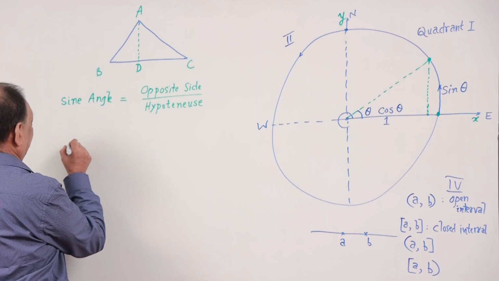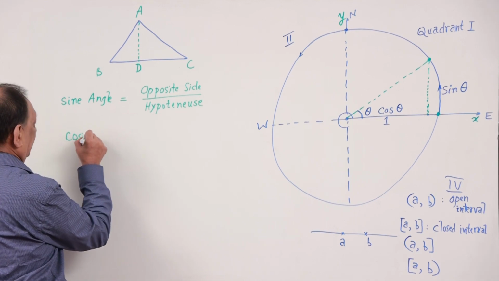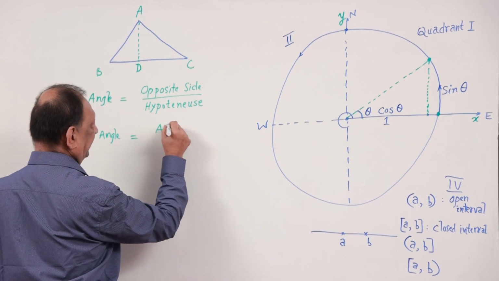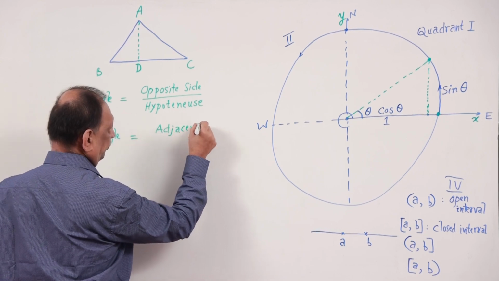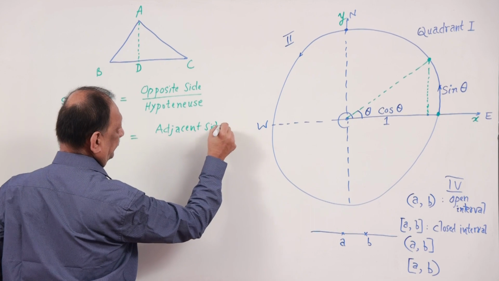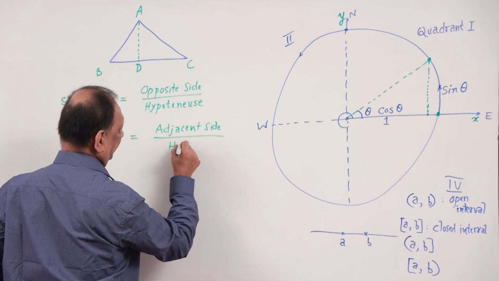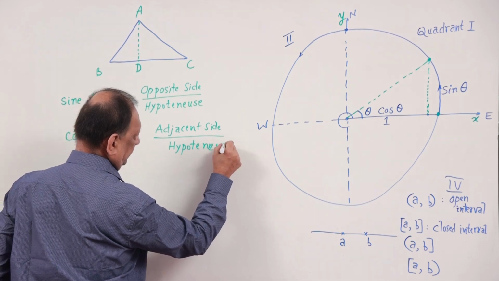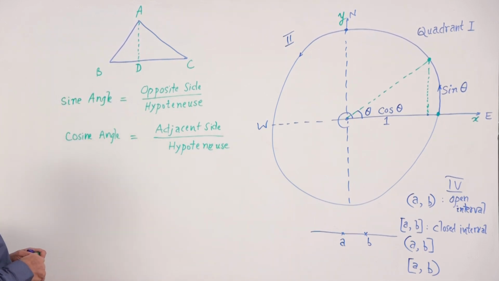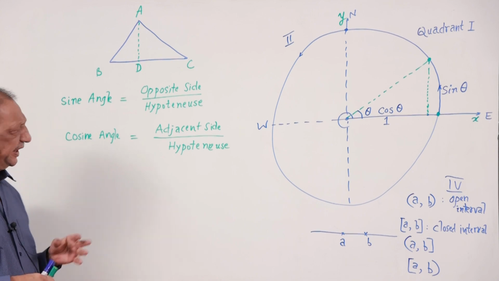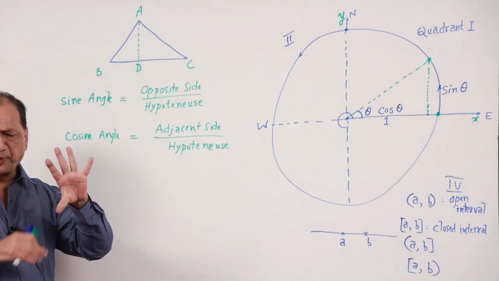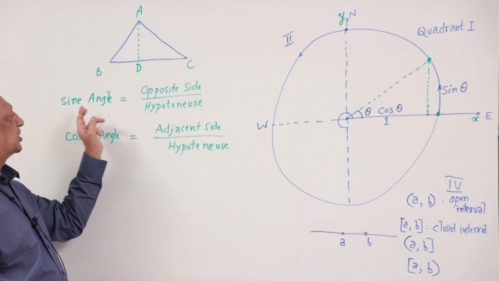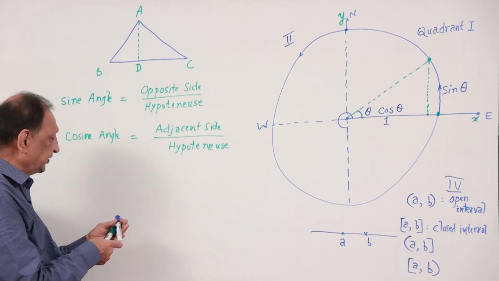Similarly, what is the cosine of an angle? It will be adjacent side divided by hypotenuse. Right? And many times as part of our algebraic workouts, we'll need to cross multiply them. That means what is the opposite side?